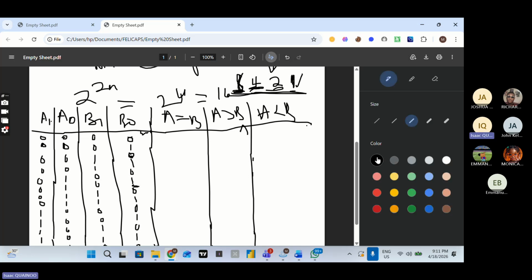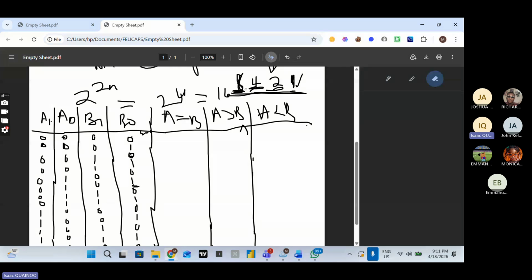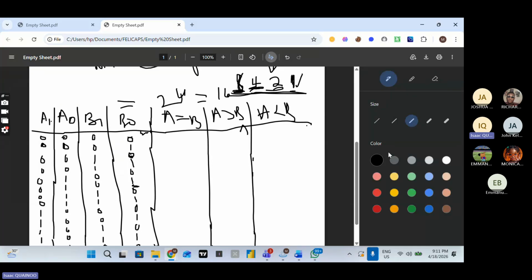So now let's do our comparison. We said that when doing the comparison, A1, A0 will only be regarded as A, and B1 and B0 will be regarded as B. So here we are comparing A1, A0 to B1, B0.